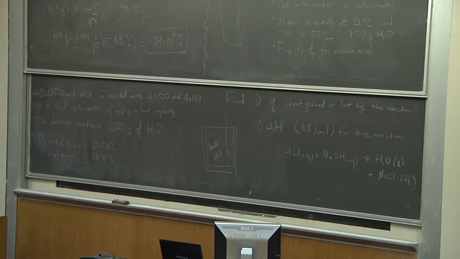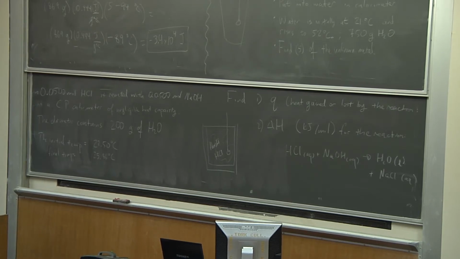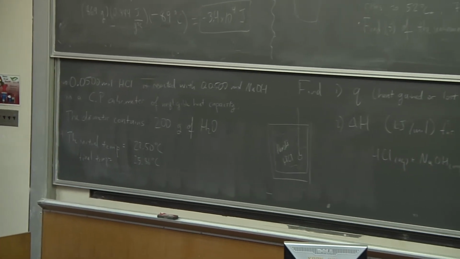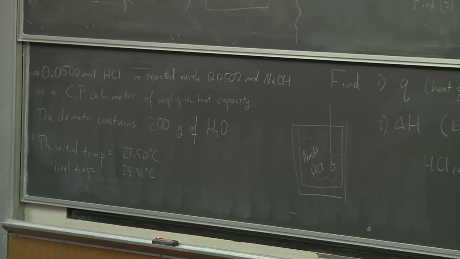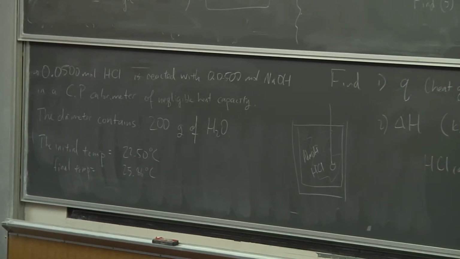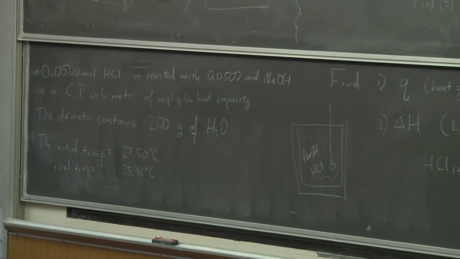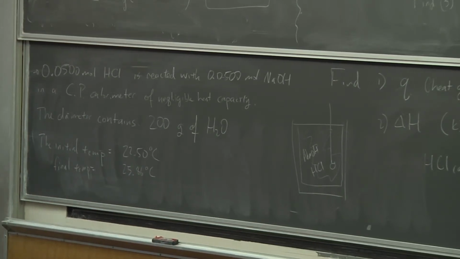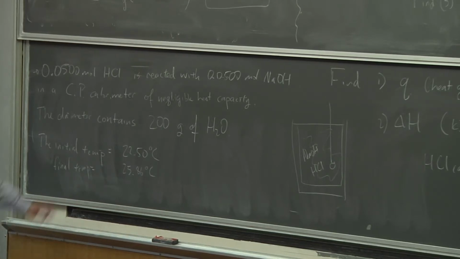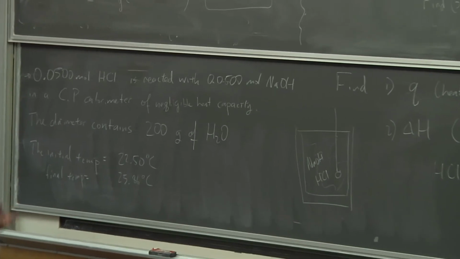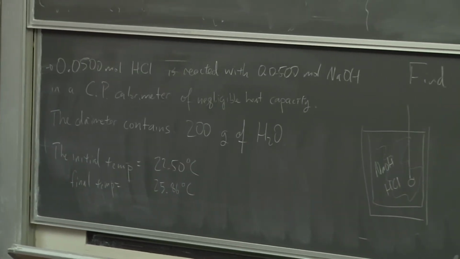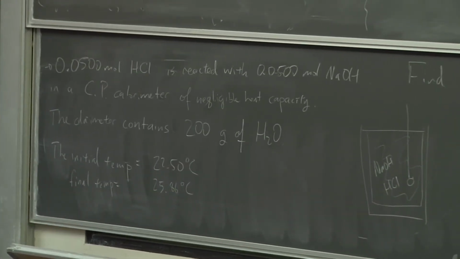So you have 0.0500 moles of HCl and 0.0500 moles of NaOH. The calorimeter itself has negligible heat capacity, and it contains 200 grams of water. The initial temperature is 22.50 degrees Celsius. Then the HCl and the NaOH react, and when they react, the temperature rises to 25.86 degrees Celsius.